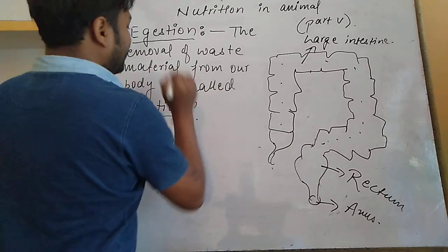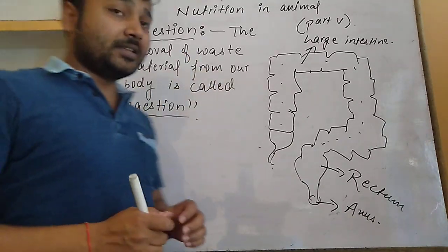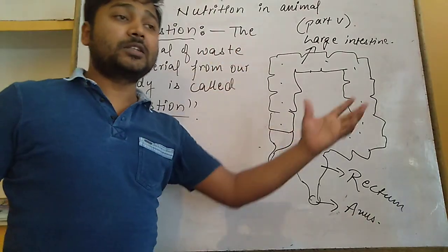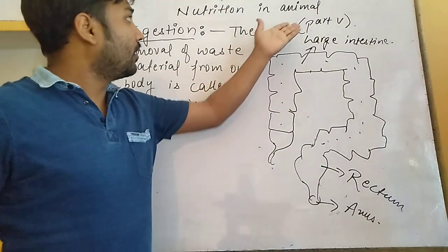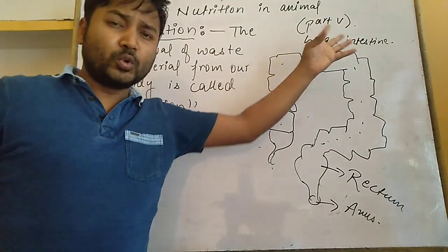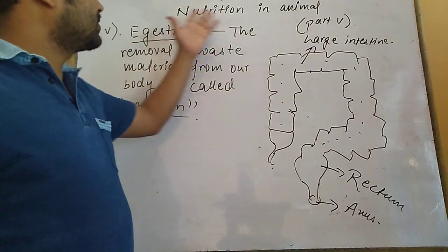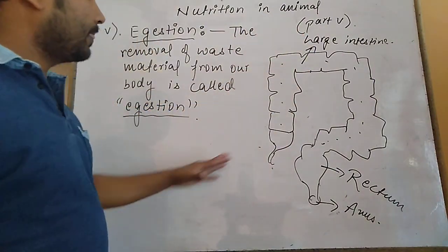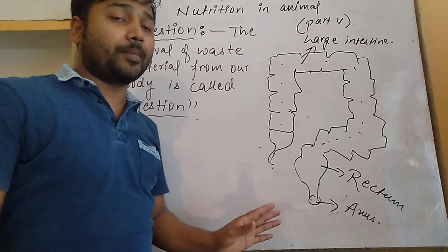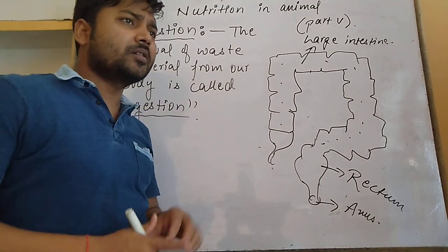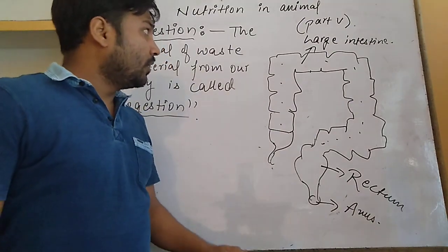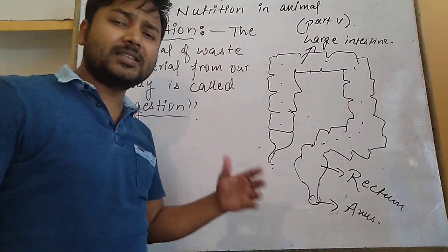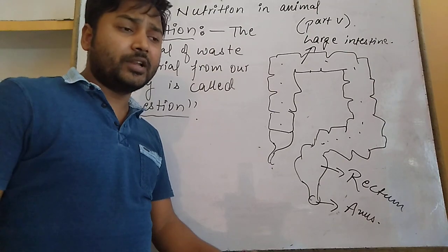Now the whole digestion stops here. All these parts we have discussed, parts 1, 2, 3, 4, 5, are called nutrition in animal, and finally digestion in human beings stops here. Everything I have told you so far is the digestion and nutrition of a multicellular organism.